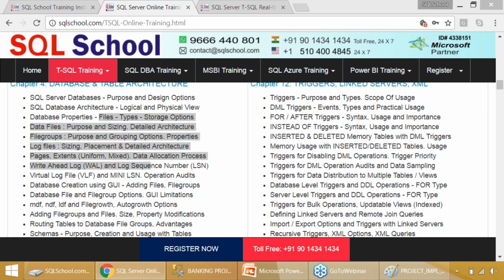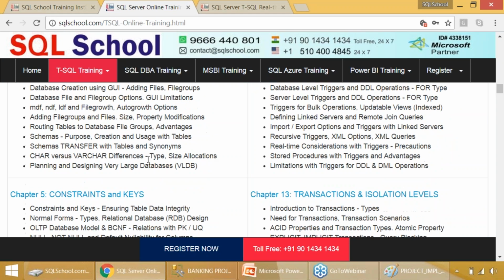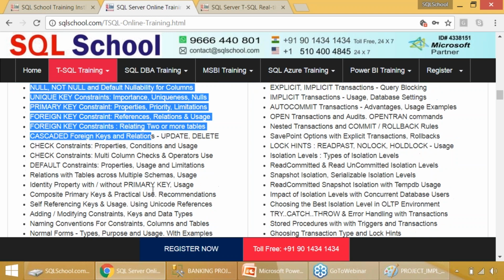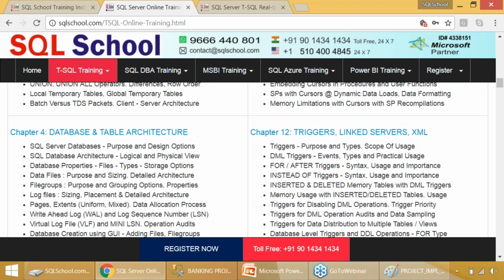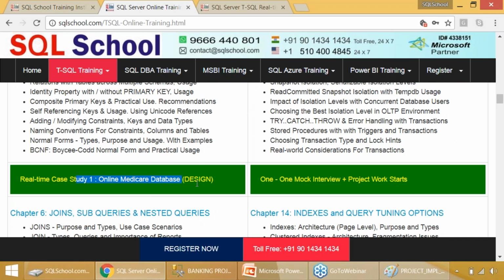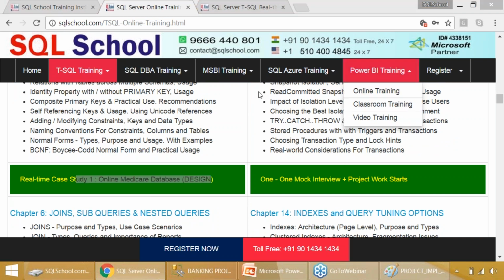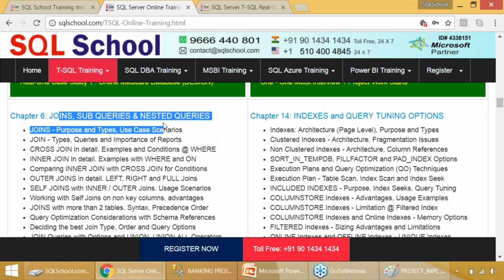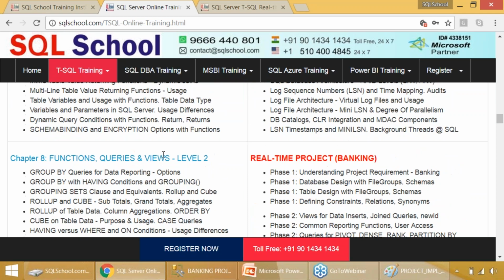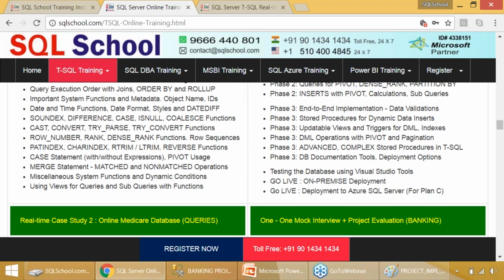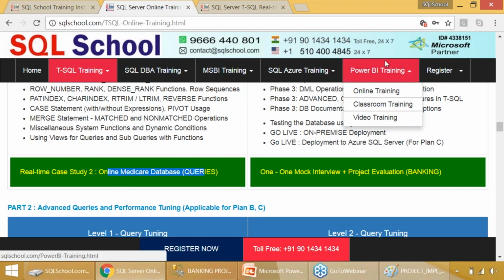Then relations, like implementation of relations, constraints and keys. So chapters 4 and 5 would be involved with a case study. Same way for the other chapters: joins, subqueries, nested queries, views and functions, and queries. With subqueries, we have the second case study, which is completely scenario-based, and it looks something like this.